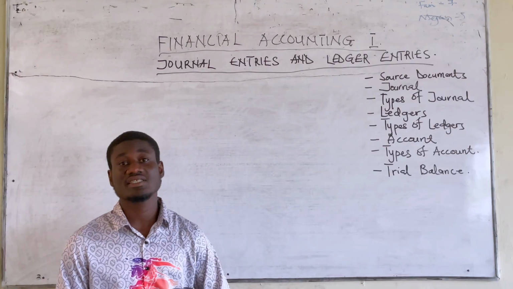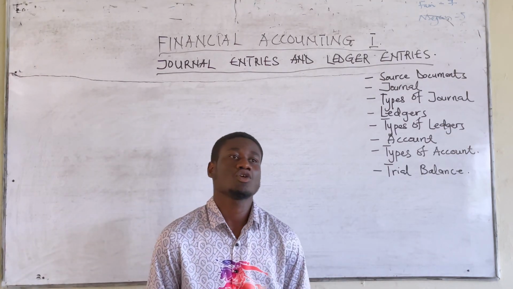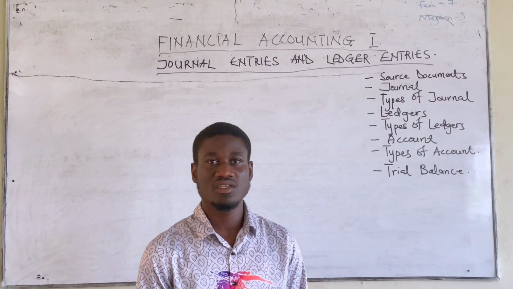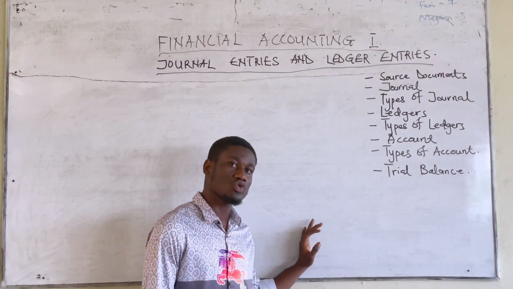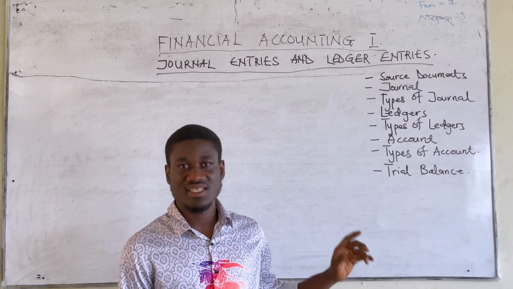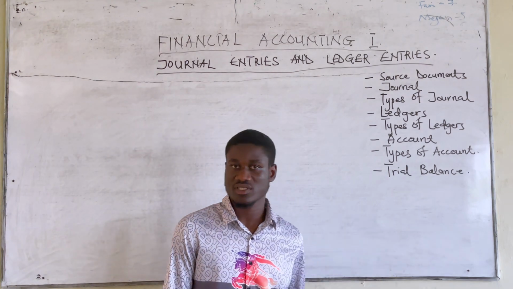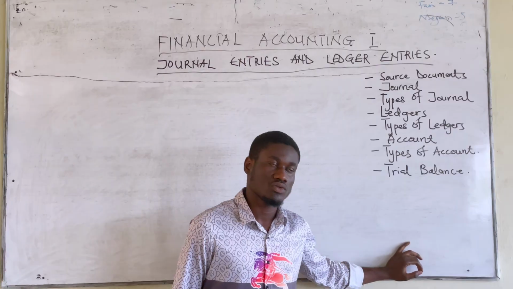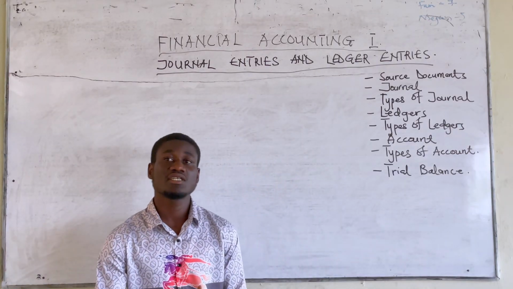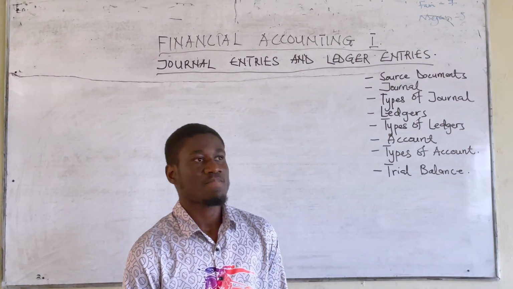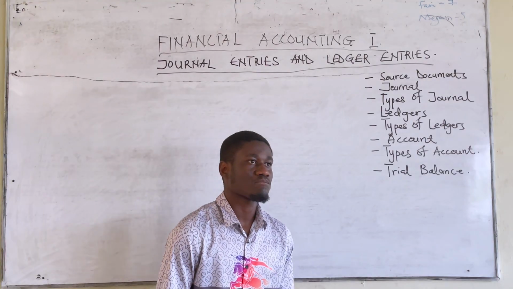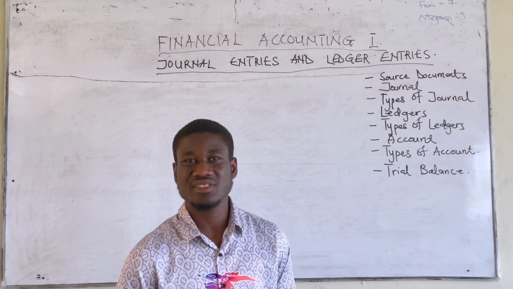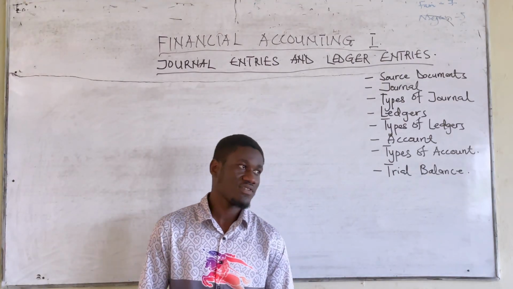And we have the returns outwards journal. Okay, so any purchases returns that we made, we are going to record those transactions in the returns outwards journal or purchases returns. Okay, these journals are also known as the day book because they record the day-to-day transactions of the business. We also have returns inwards journal, which is used to record the returns inwards of the business.